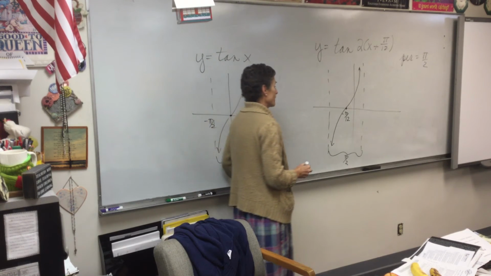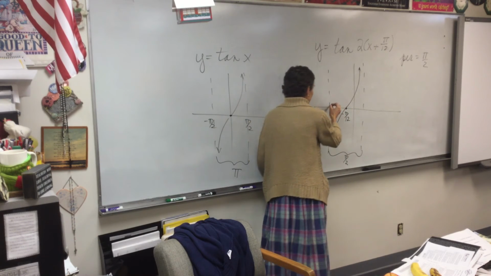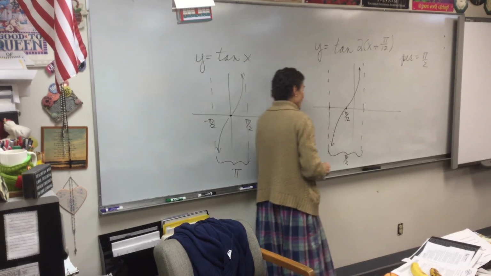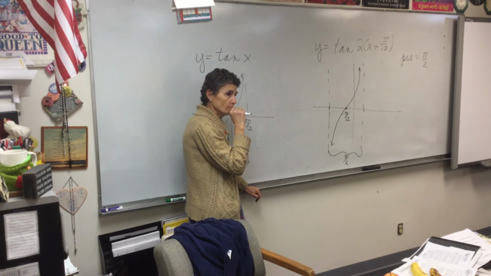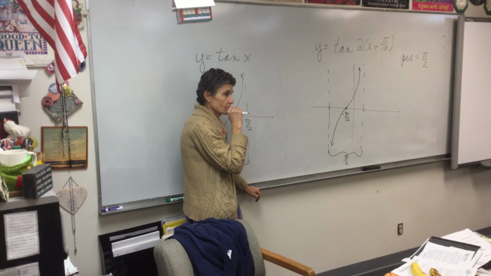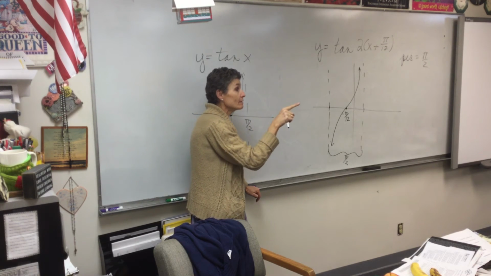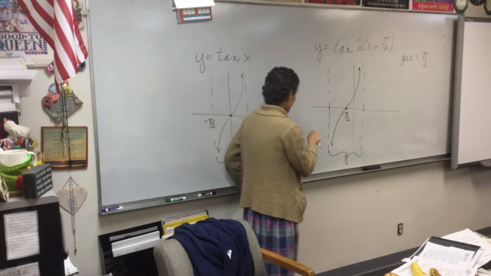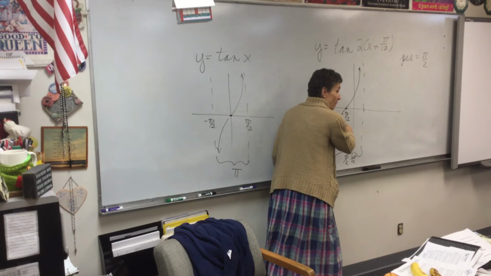How in the world am I going to figure out what these asymptotes are, what these labels are? Any thoughts on that? It's easy. So that would be 6/12. You're talking about with that point.